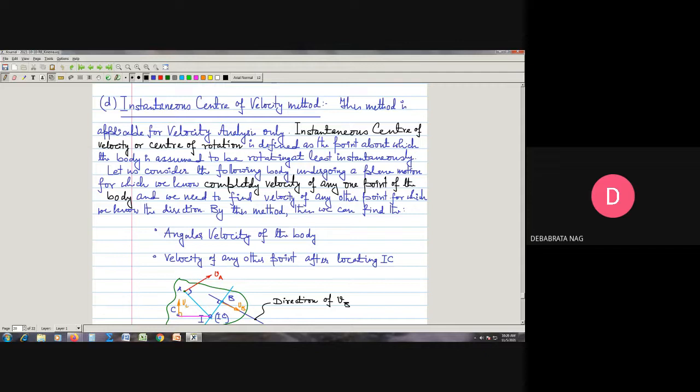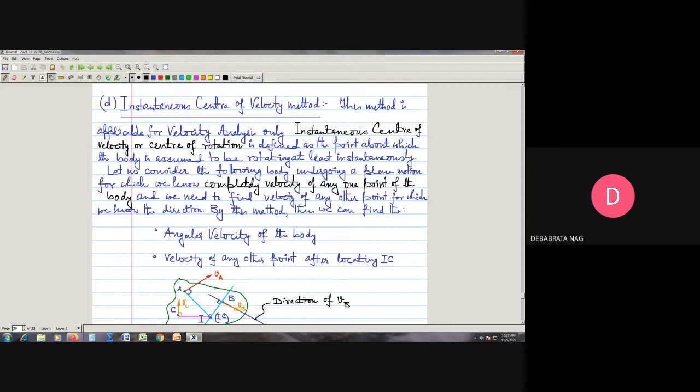But unlike the case when the body is rotating about a fixed point, where that particular point will always be the center of rotation, in this case this point is instantaneous. At that particular instant, the body is assumed to be rotating about that point.